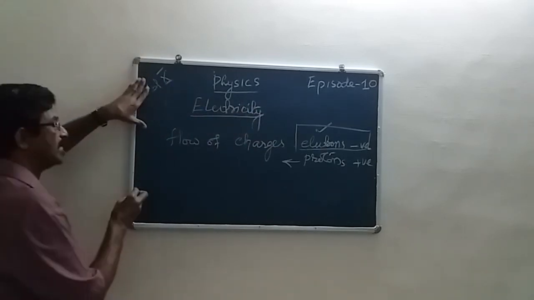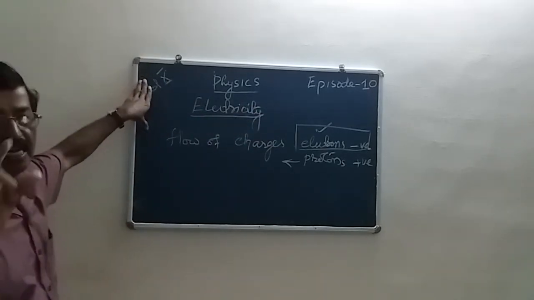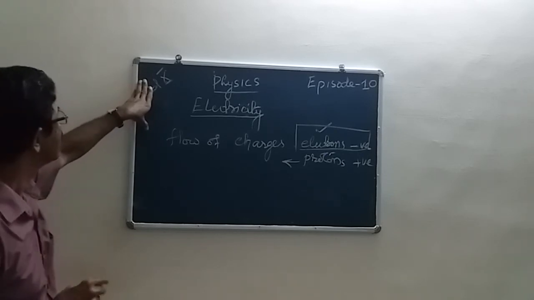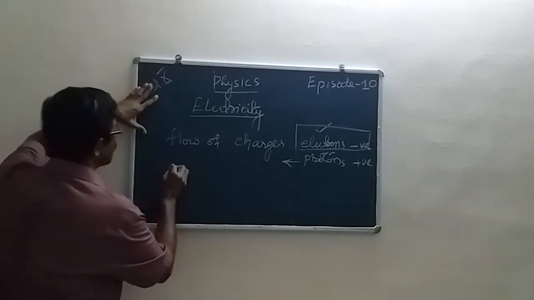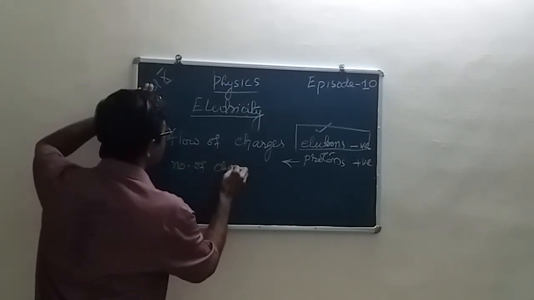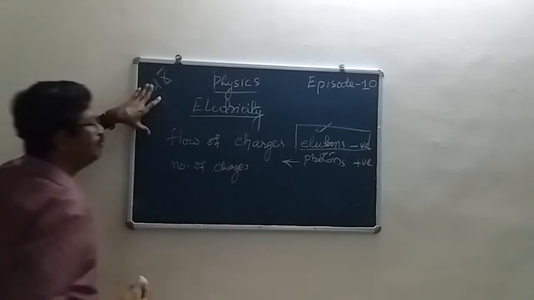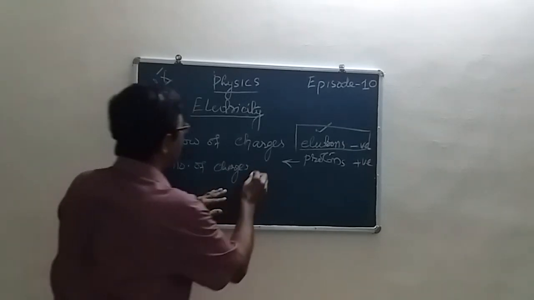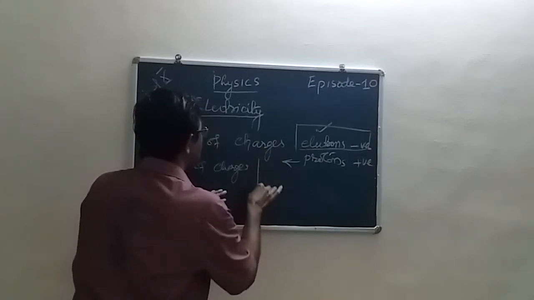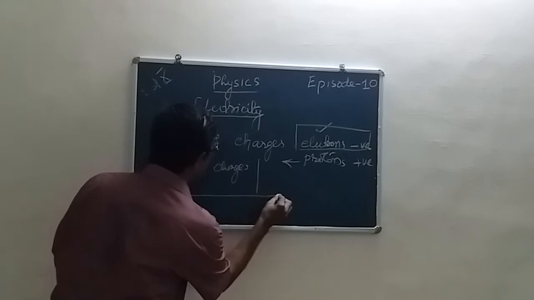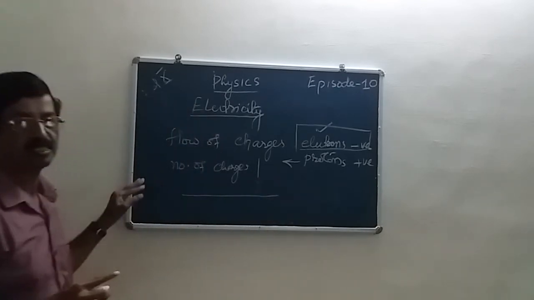Now, see what is actually electric current? That means a number of charges crossing over a particular cross section. Suppose we consider a conductor, that means a copper wire.